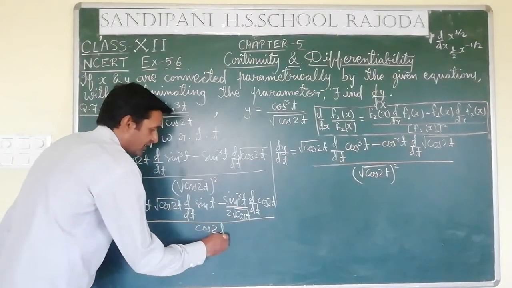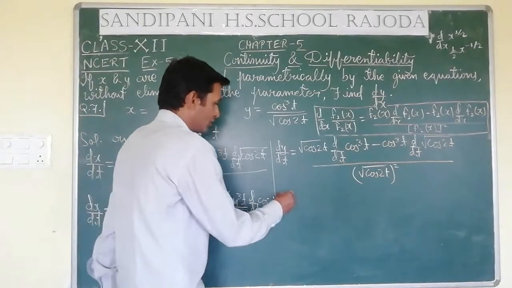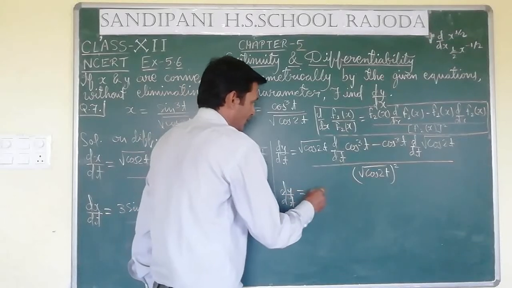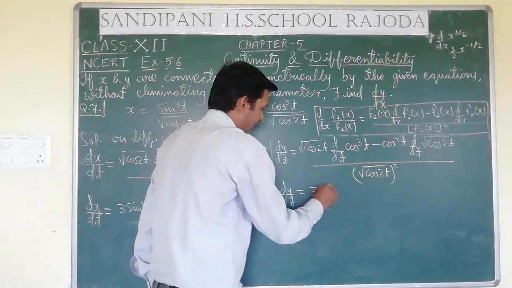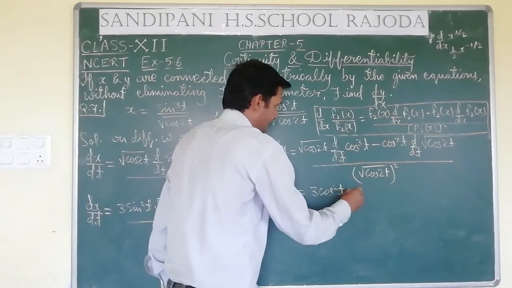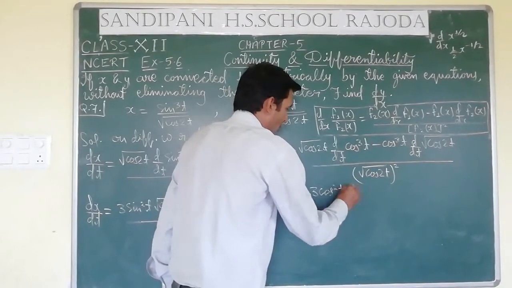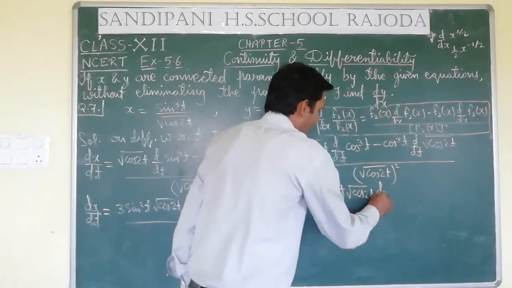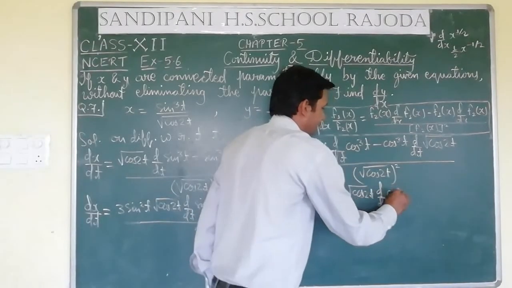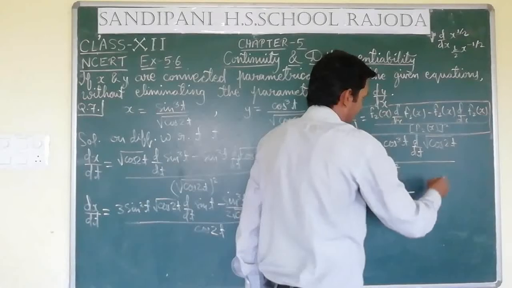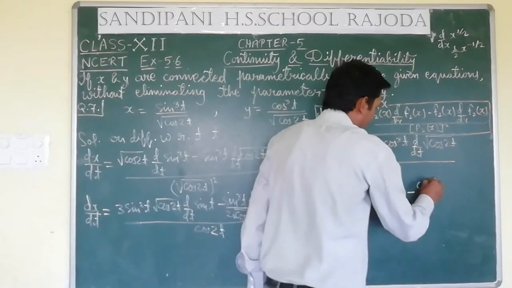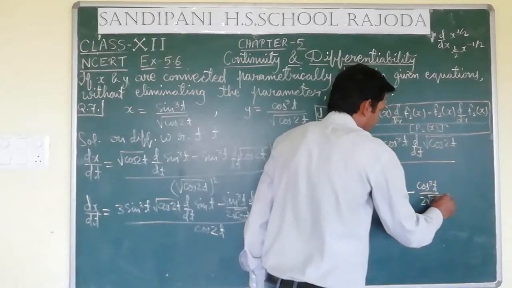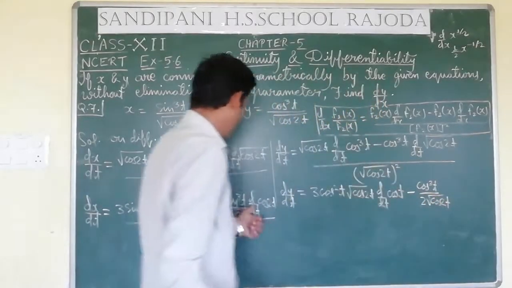Now this one also is like that only. dy by dt is equal to 3 cos square t root cos 2t into d by dt of cos t, minus here again cos cube t similarly upon 2 root cos 2t, because these differentiations are the same.